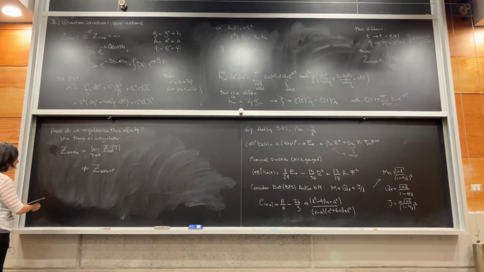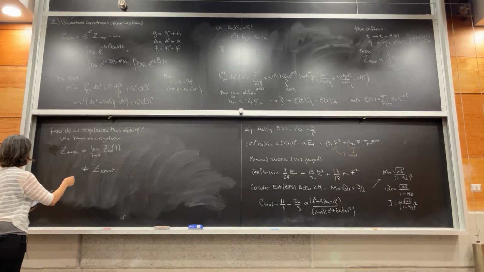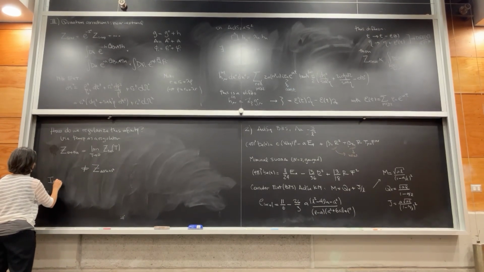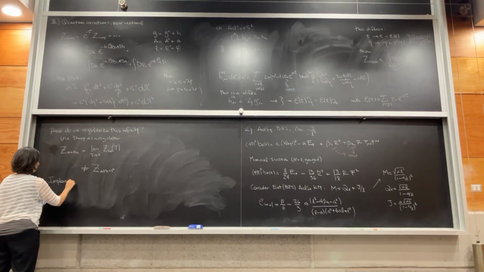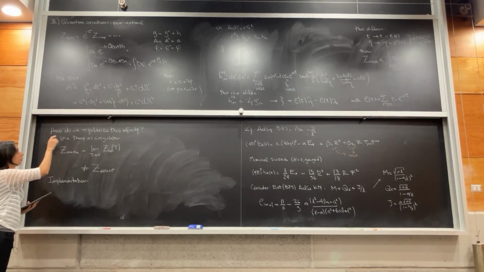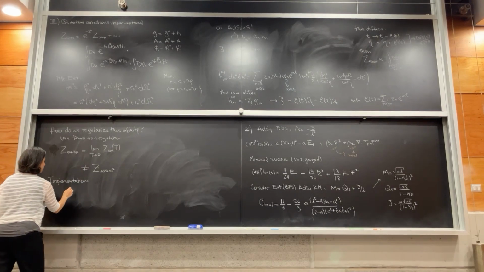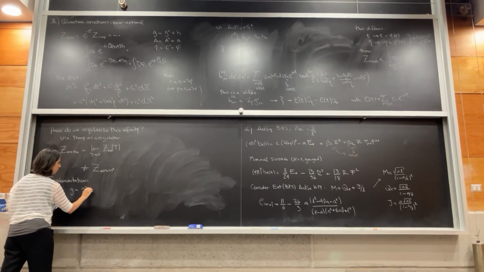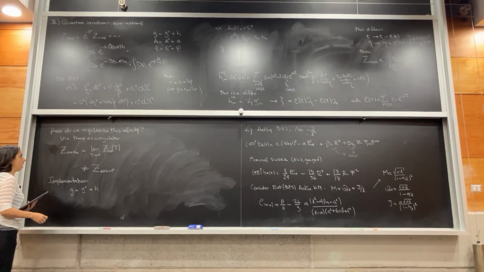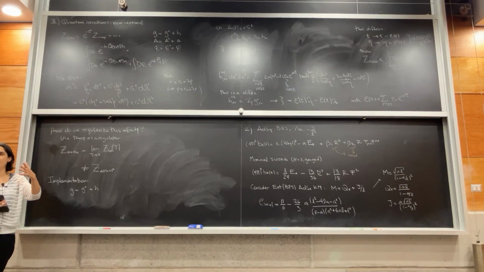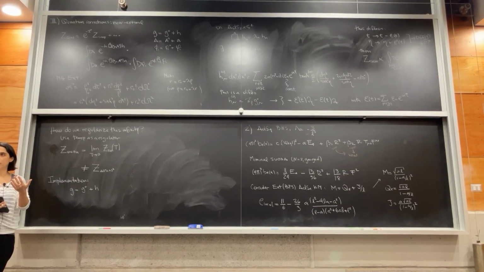So let's implement this idea. For every field that you have, I don't have to increase the temperature arbitrarily high. I can just go a little bit away from extremality.